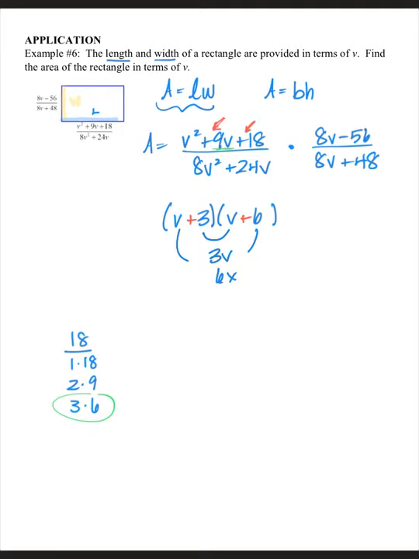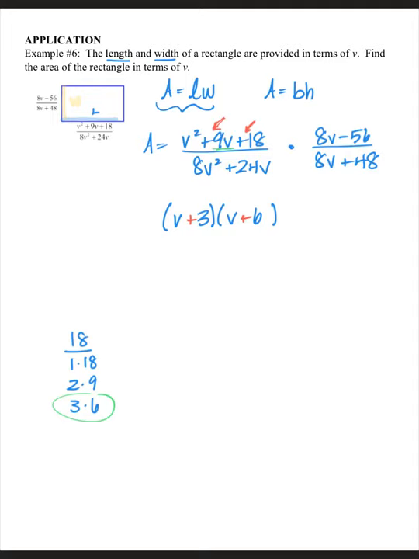Same sign, both plus, means that sum is 9v, and that is what I wanted. So I factored that first one correctly.